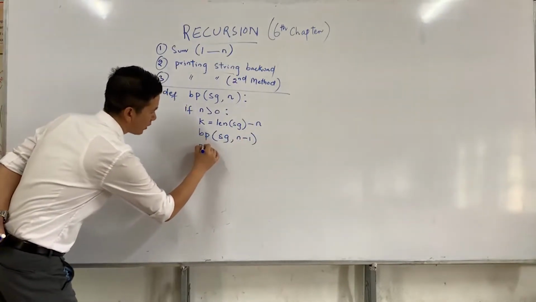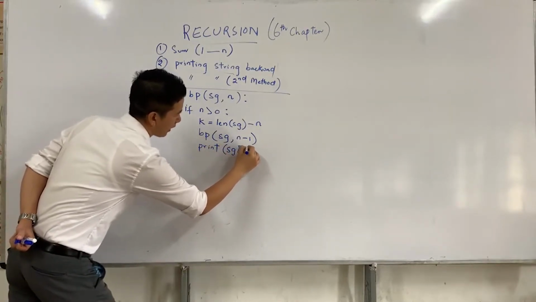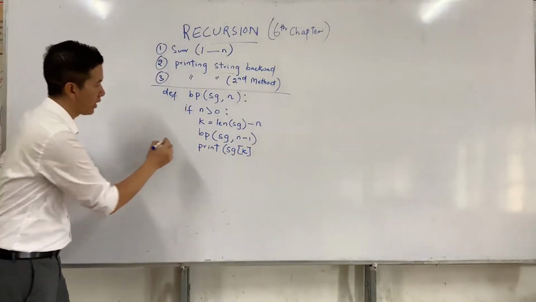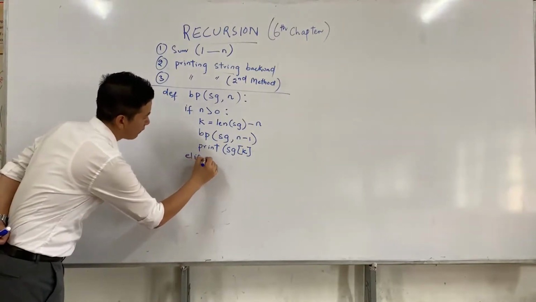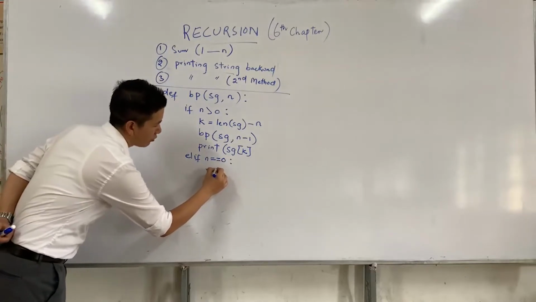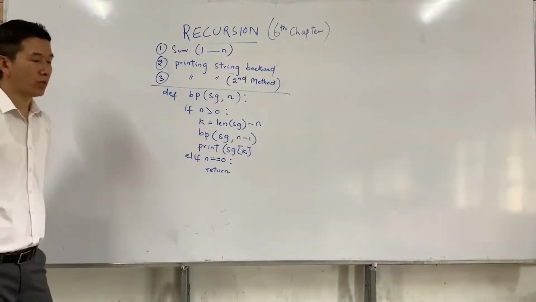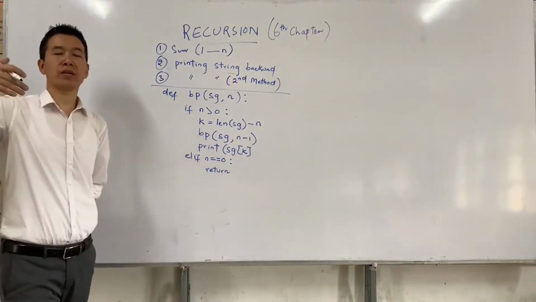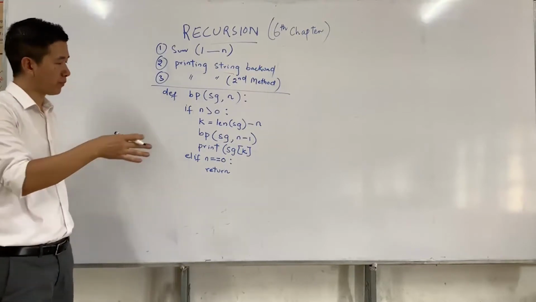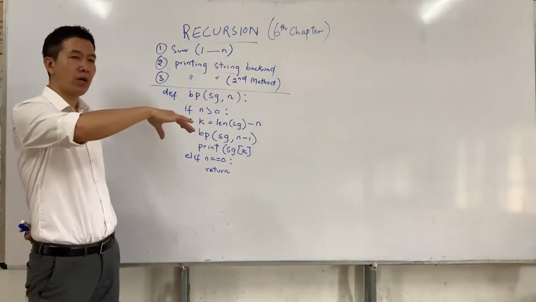After this, we'll print S of K. Okay, so these are the statements of this if statement, and then if the value of N is equal to 0, I'll just have the return statement with no value. Okay, it returns something, but that something is nothing. It doesn't make much sense, but sometimes these are very useful statements in order to redirect the control.